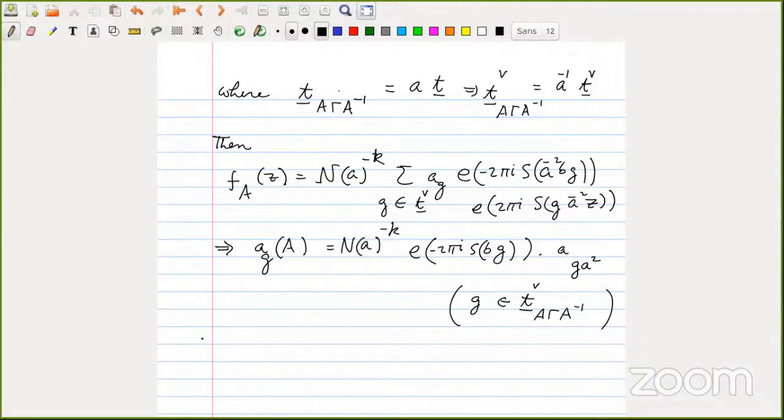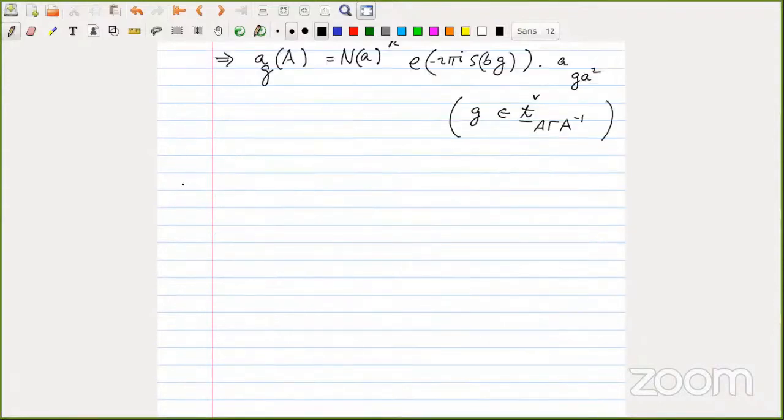Now, can I define vanishing? We can now define vanishing here, and let's make this a formal definition, and I think everything will be clear. Again, I have gamma to be a discrete subgroup with cusp kappa.